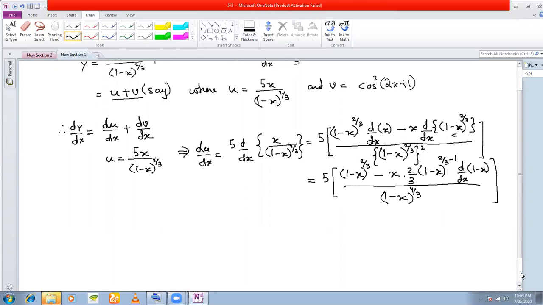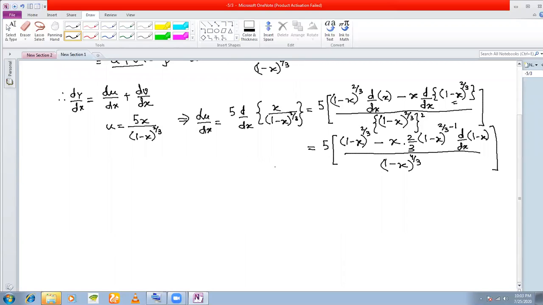The next step is 5 into 1 minus x to the power of 2/3 minus x times 2x by 3 into 1 minus x to the power of minus 1/3. d/dx of 1 minus x is minus 1, whole divided by 1 minus x to the power of 4 by 3.